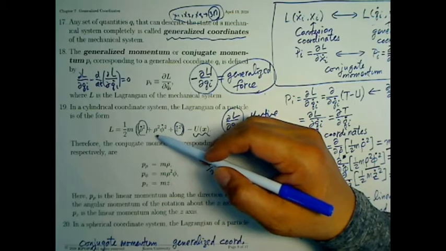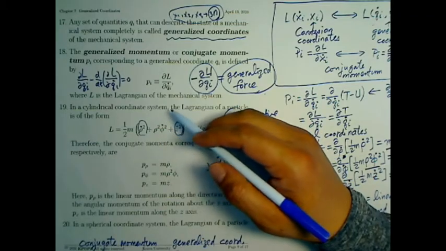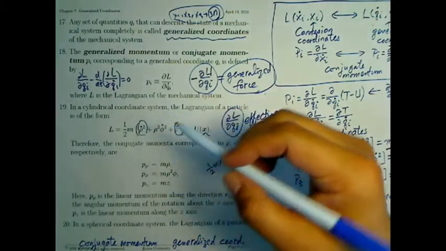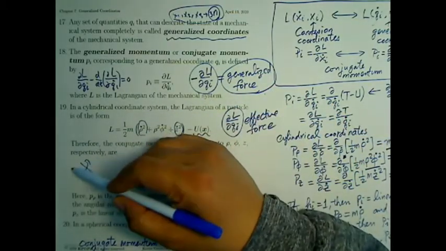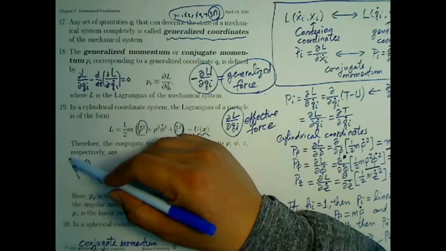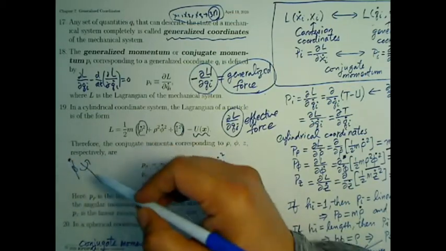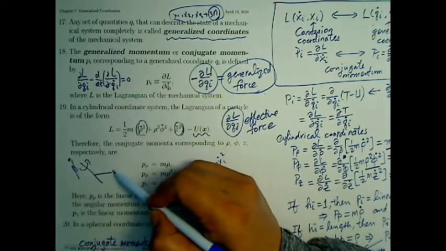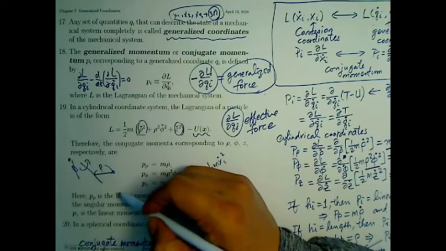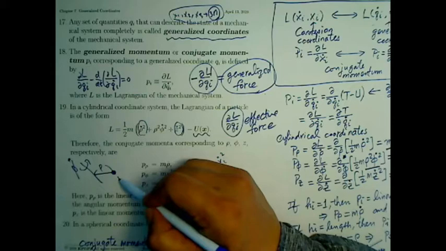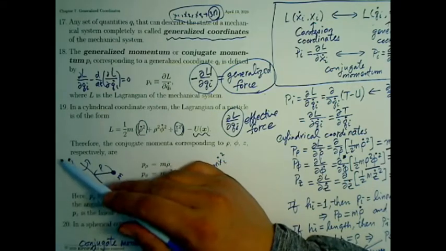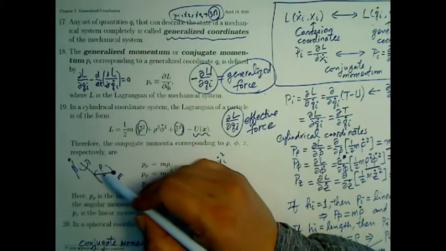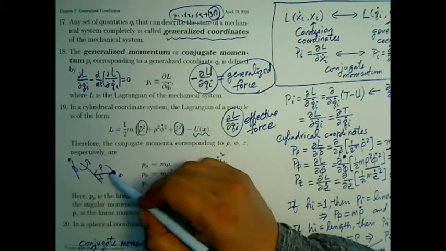Actually, this rho is a lever arm for the rotation about the z-axis. Rotation about the z-axis with the phi dot angular velocity involves the radius rho as a lever arm. If something of mass m is rotating with the angular velocity phi dot, there is the perpendicular distance of rho.